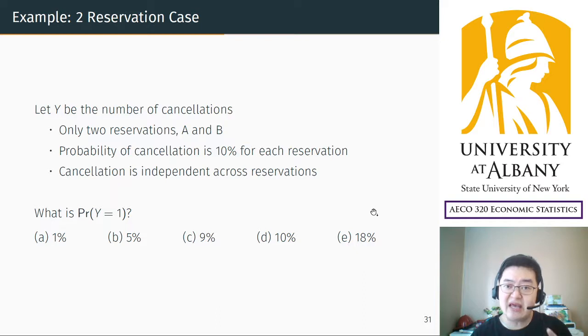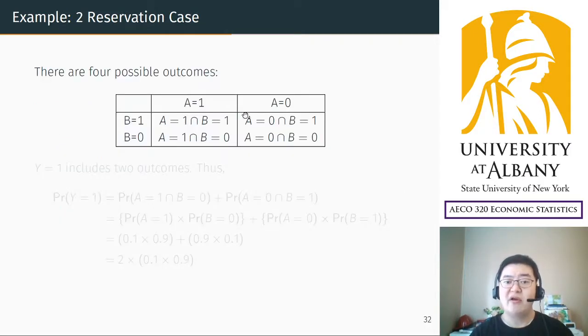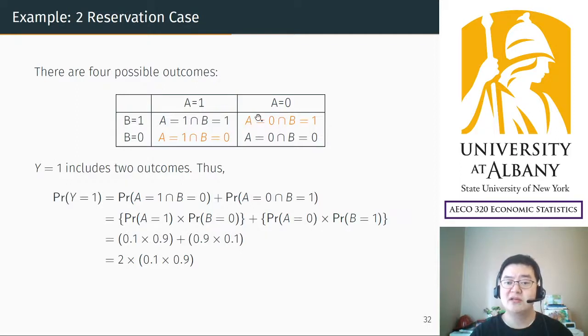If B canceled, that is another 9%. So as a whole, the probability of 1 cancellation is 18%. Remember, if you make a 2 by 2 table, there are 2 outcomes that satisfy Y equals 1. In these 2 outcomes the number of cancellations is 1, so you have to count two outcomes for that event.